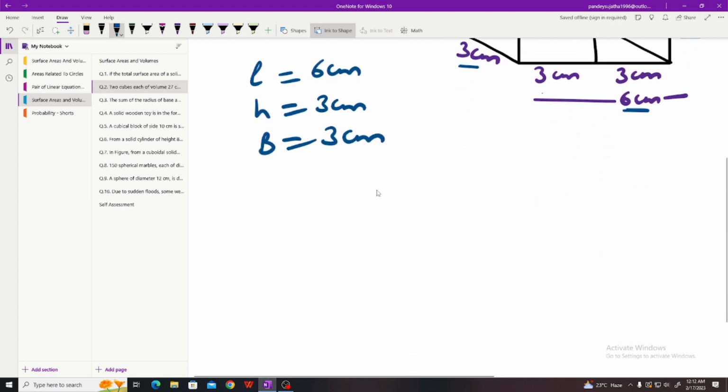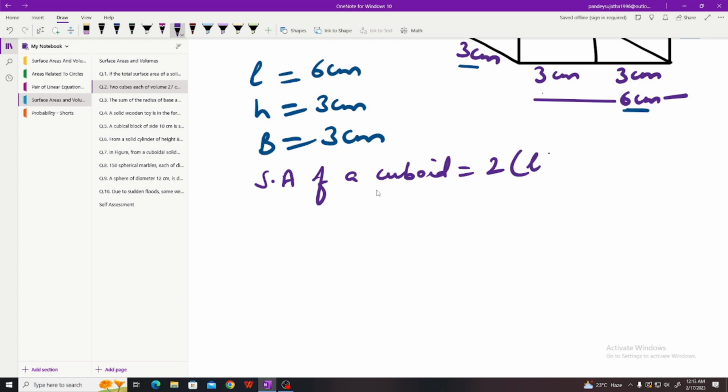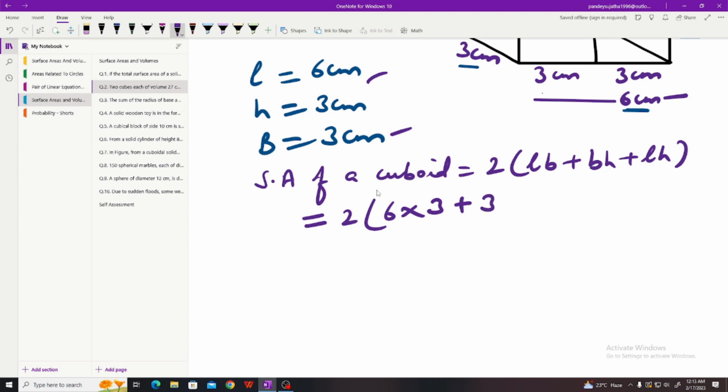The formula for surface area of a cuboid is equal to 2 into (length into breadth plus breadth into height plus length into height), which is equal to 2 into, put the values here, length is 6 centimeter and breadth is 3 centimeter plus breadth is 3 and height is 3 plus length is 6 and height is 3.